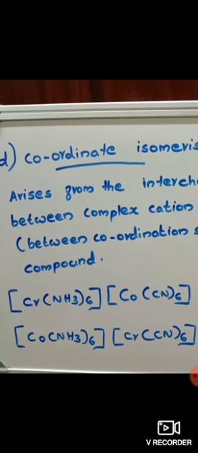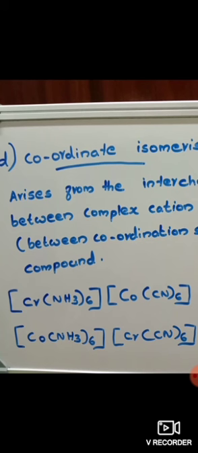In the first example, [Cr(NH3)6][Co(CN)6]. In the second compound, [Co(NH3)6][Cr(CN)6]. This is an example for a compound with both cationic and anionic part complex.